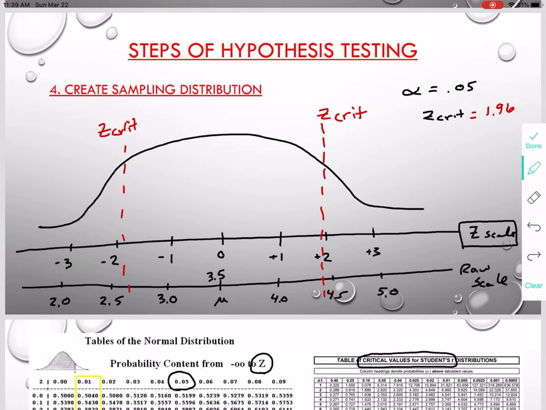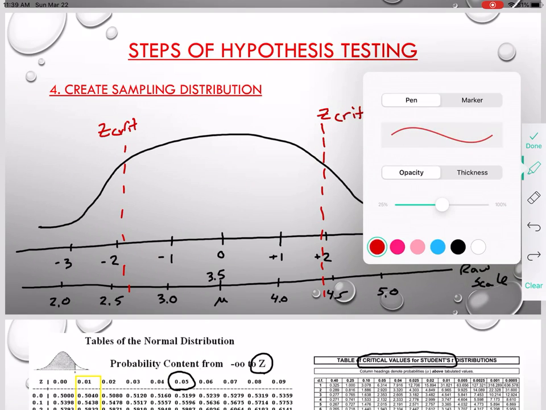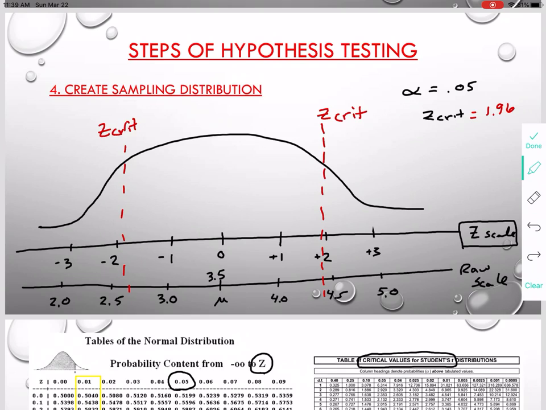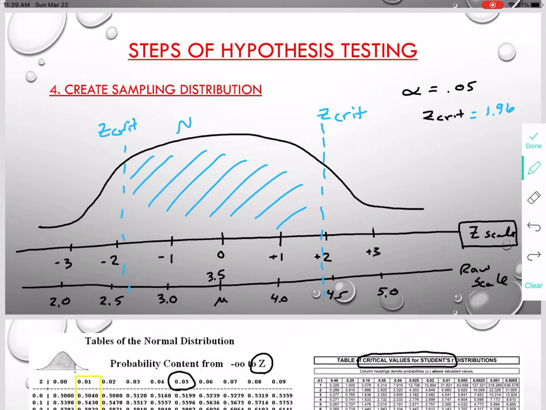And the last thing we would do, because now we have our critical values, is put in my critical region from my non-critical region. What's in between, change to blue, what's in between the critical values now becomes the non-critical region.